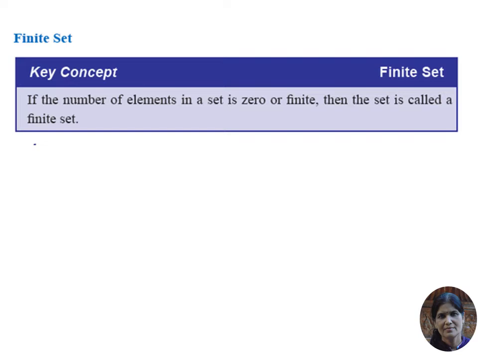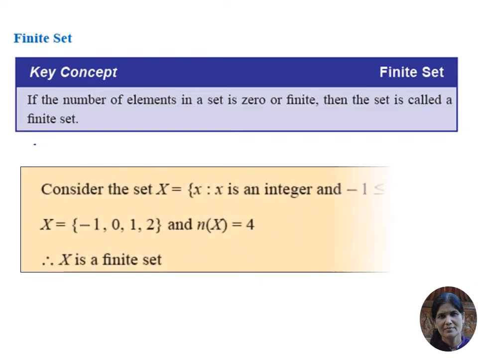Next is the finite set. The definition is: if the number of elements in a set is 0 or finite, then the set is called a finite set. Consider the set X equal to the elements x such that x is an integer and x is greater than or equal to -1 and less than or equal to 2.